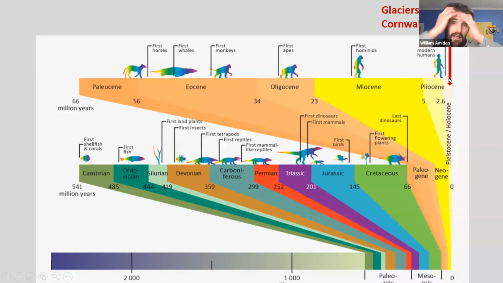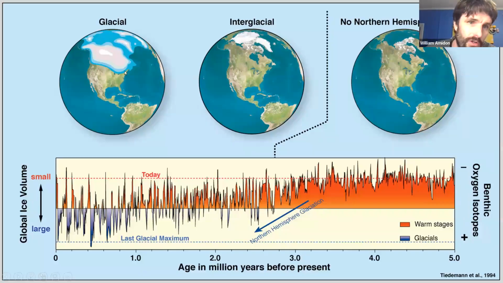Glaciers are fascinating, and I wish we had more time to get into them, but what it really boils down to is that over the last about 3 million years, Earth has been oscillating between glacial periods, when much of the northern hemisphere is covered with ice, and interglacial periods, when most of it is ice-free.